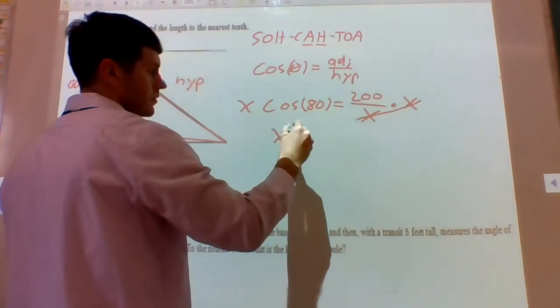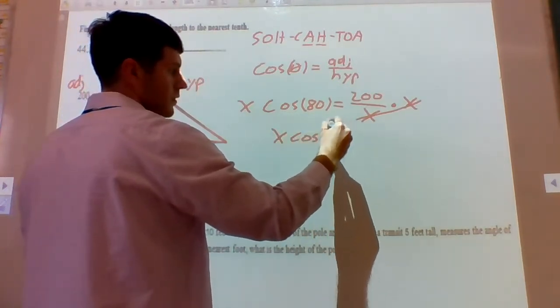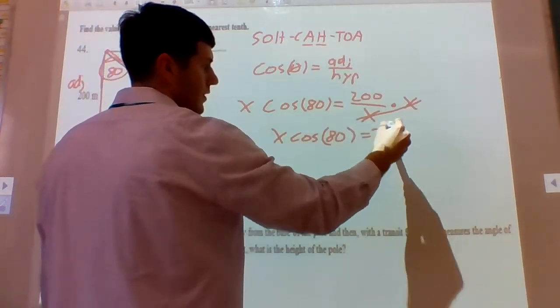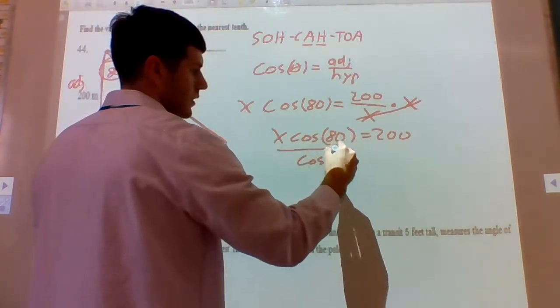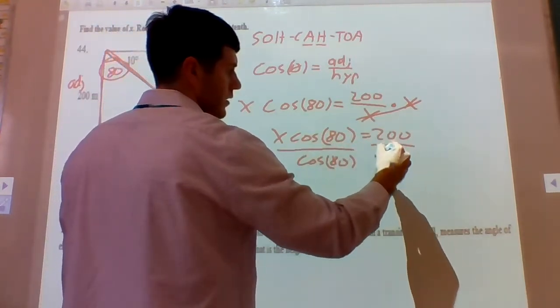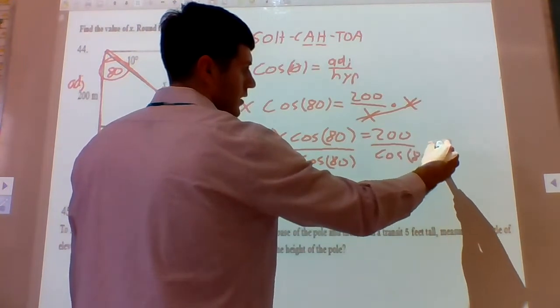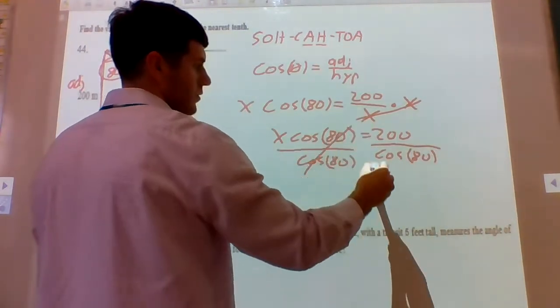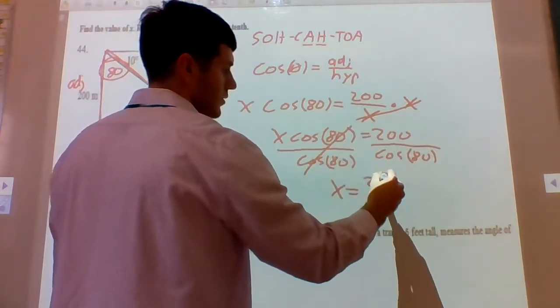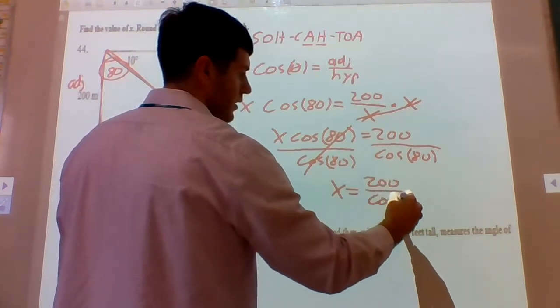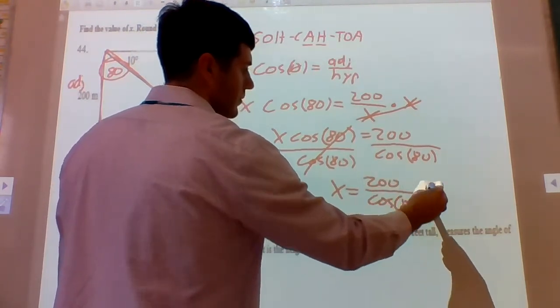So we have x cosine of 80 equals 200. We then divide both sides by the cosine of 80, and that cancels. So x equals 200 divided by the cosine of 80.